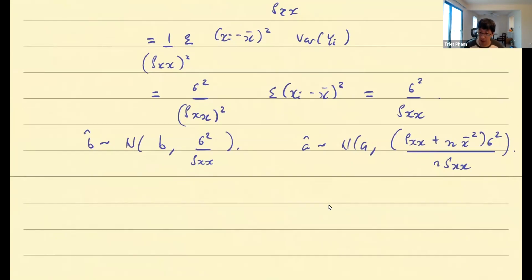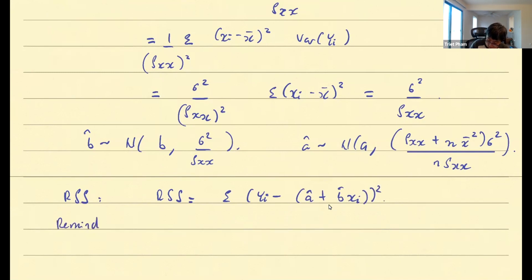So next, let's talk about the RSS. RSS, which is the sum of yi minus a hat plus b hat xi, squared. So this should remind you of the sum of xi minus x bar squared, right?